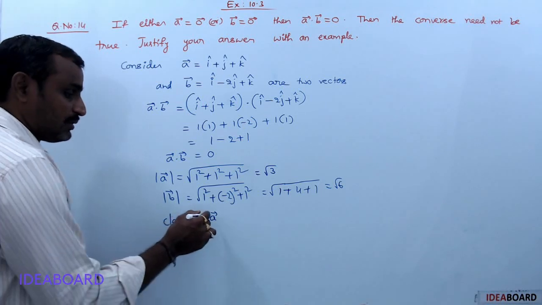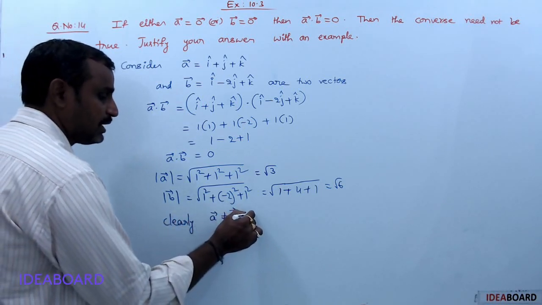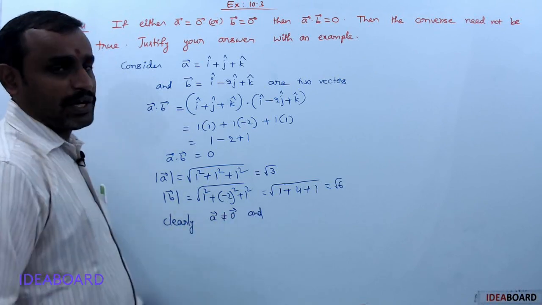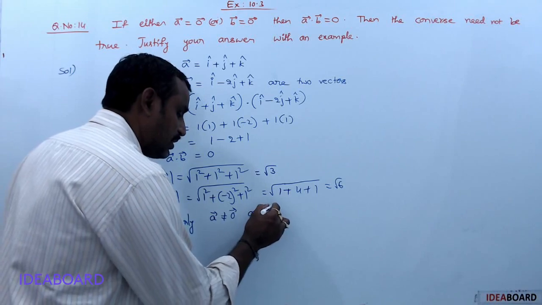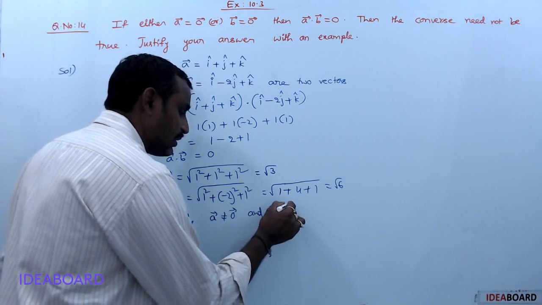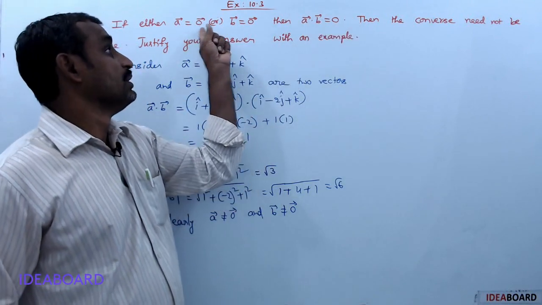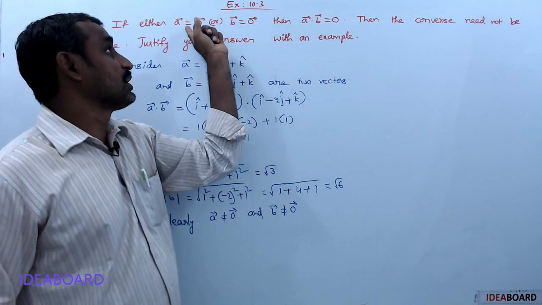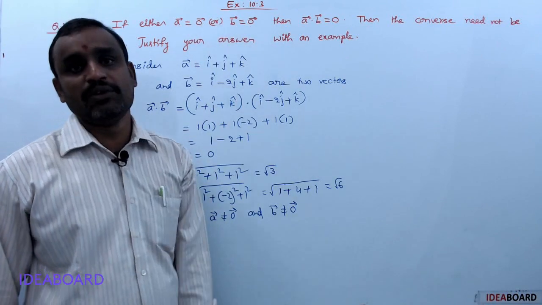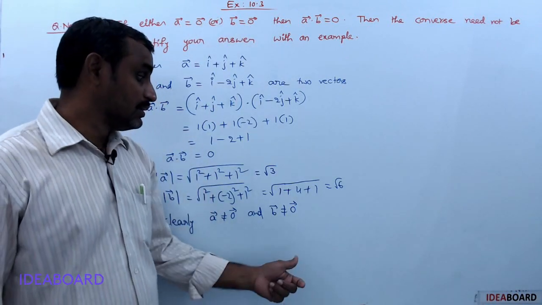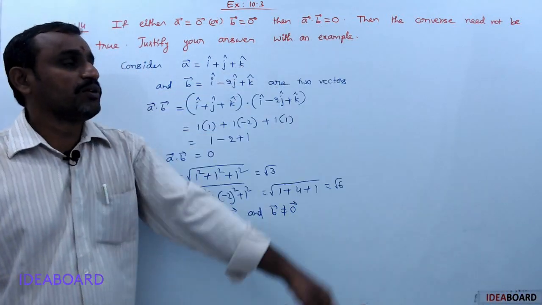Therefore A bar is not equal to null vector, and similarly the magnitude of B bar is also not equal to 0. So that's why B bar is also not equal to null vector. Therefore the converse need not be true. If A bar dot B bar is equal to 0, the converse would be true if it meant A bar is equal to 0 bar and B bar is equal to 0 bar. But in this case, the converse need not be true, as we wanted to show.